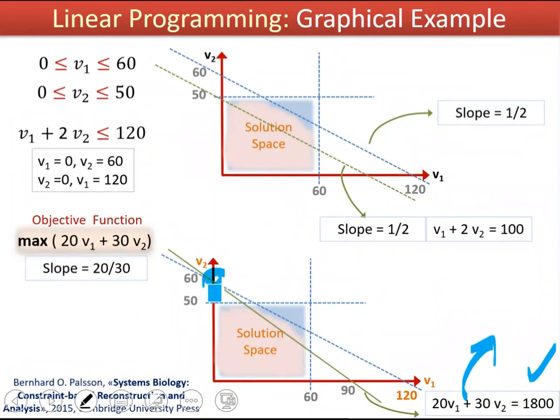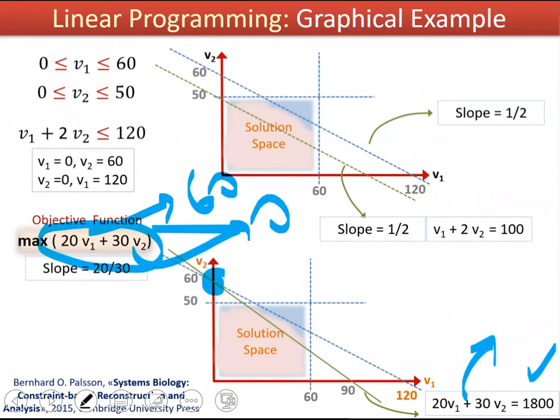Let's take this point. This is the formula. In this point, V1 is 60, V2 is 0. So if you calculate it, 20 times 60 plus 0, which makes 1,800. So by using a single point on the line, we can calculate this value, because that value will hold in any point on the line.